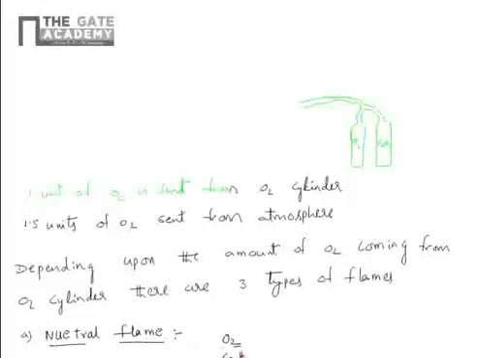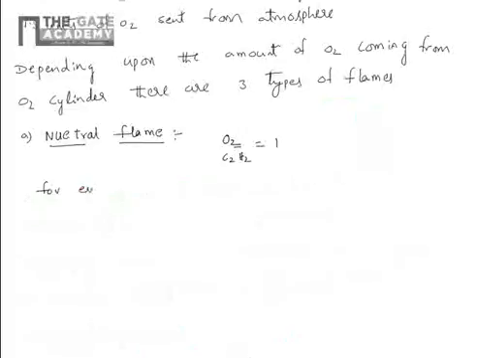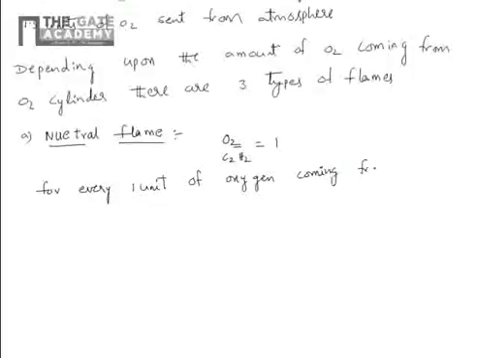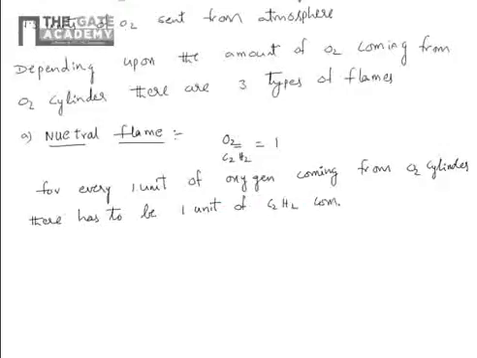For every 1 unit of oxygen coming from the oxygen cylinder, there has to be 1 unit of acetylene coming from the acetylene cylinder.